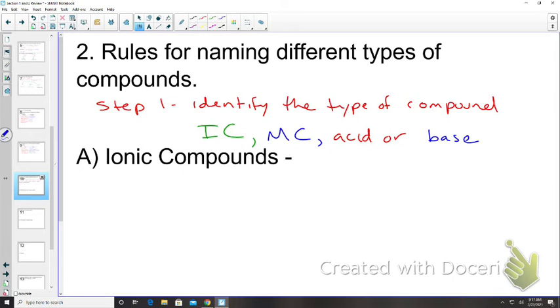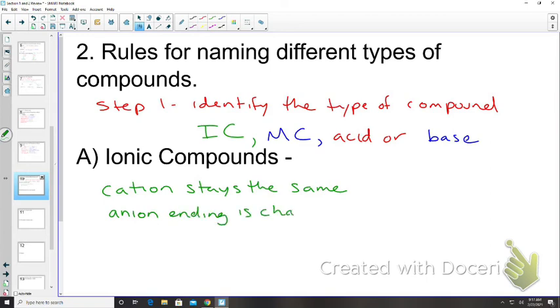So for ionic compounds, this was the first thing that we named. So cation stays the same. Anion ending is changed to -ide, like fluoride.